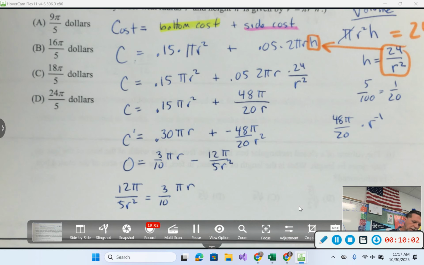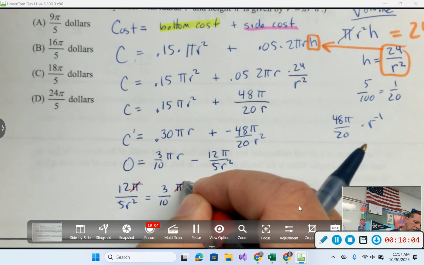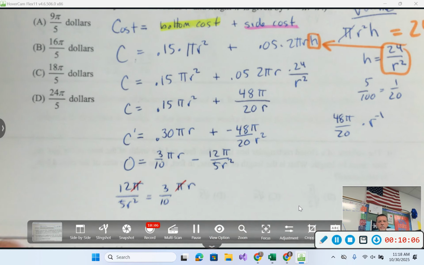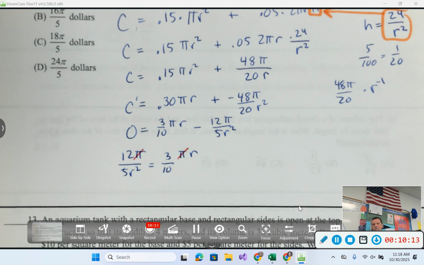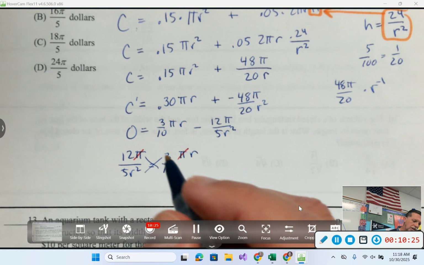At some point realize I can mark out the pi's, and those can go away. And you tell me, what do you want to do next? I see a couple of options. Thoughts? Algebra All-Stars? You could cross multiply. That might be the easiest way to go.